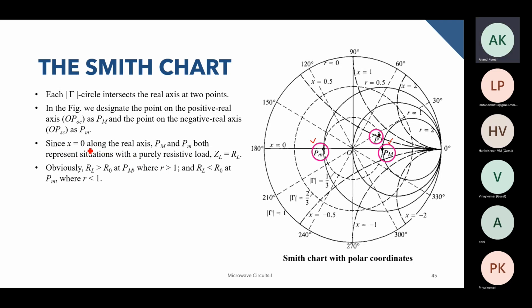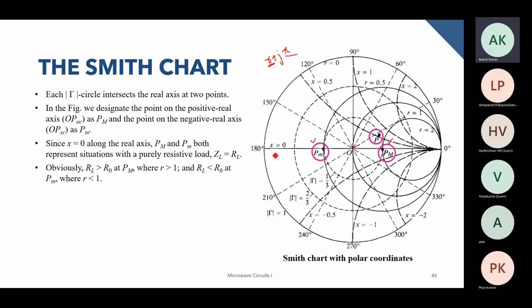So for this particular point, you have some value of r and jx. What you do when you move along this particular circle, if you maintain this particular radius, is make x equal to 0, and you'll reach these 2 points.